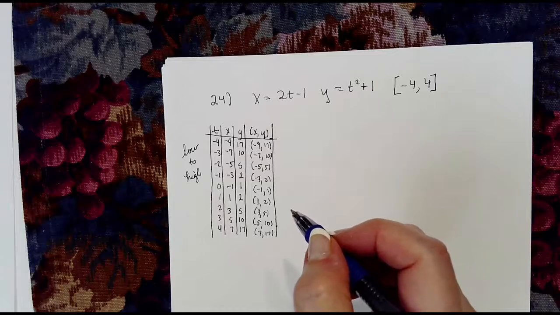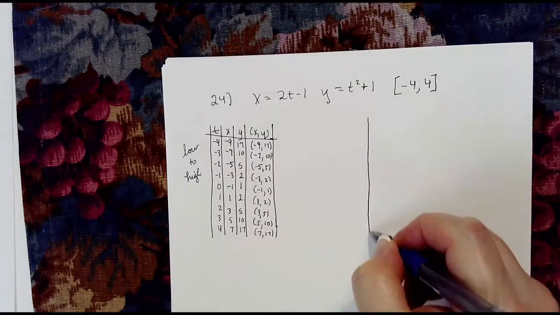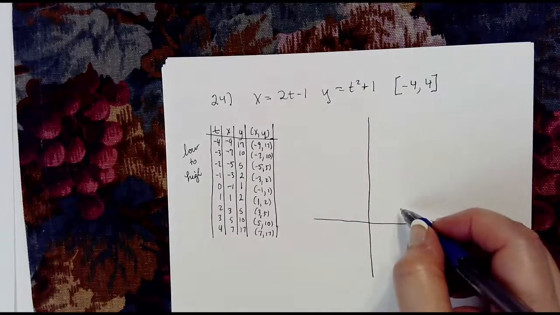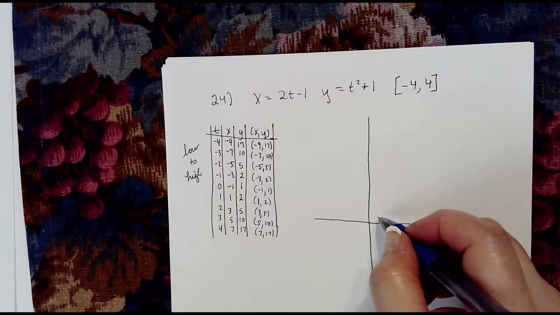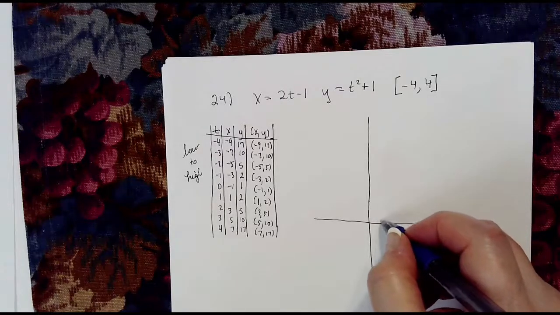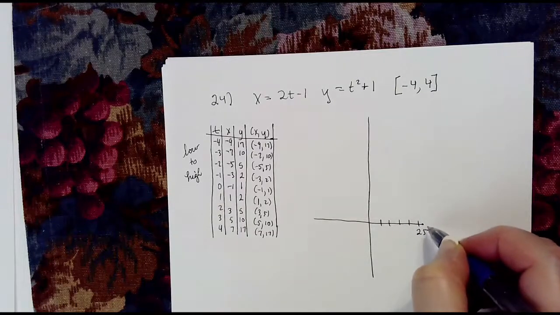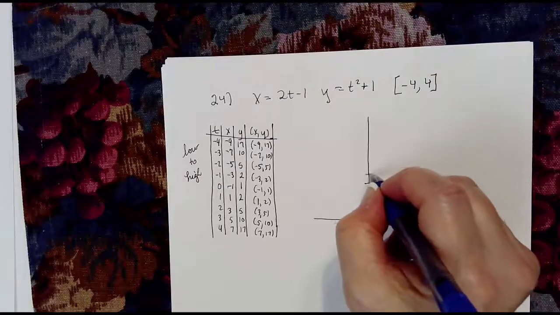They give us a graph in the book, on the paper, but we're going to have our own graph. So we're going to make our graph go just like they did. So it goes 5, 10, 15, 20, 25. So there's 25. We're going to go up the same way: 5, 10, 15, 20, 25.